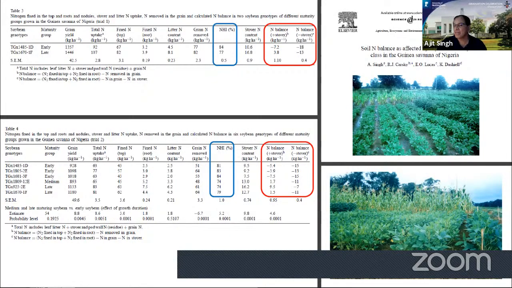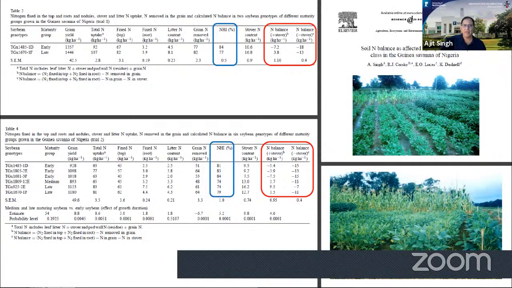Most of the modern varieties of rice, wheat, and other crops have a quite high harvest index. They are able to move a lot of carbon to the grain. You can see the early and late medium varieties here. This is grain yield. I'm not going to discuss the grain yield, but the N balance, the N content here. This is a legume, able to fix nitrogen.